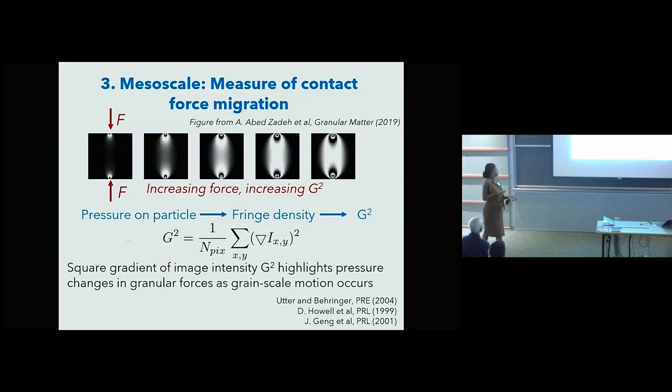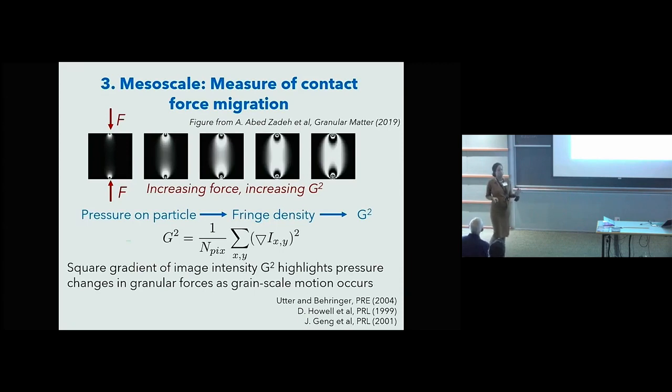We calculate the square of the gradient of our image intensity, and we call that quantity G squared. It's a rough way of calculating any changes in the magnitude of our contact forces in a system.